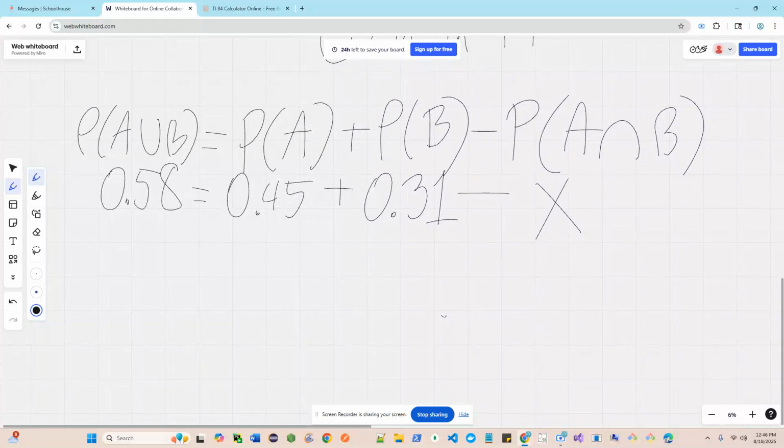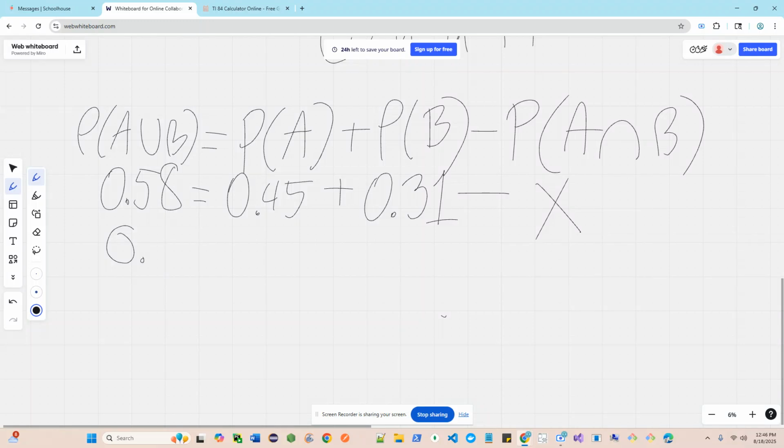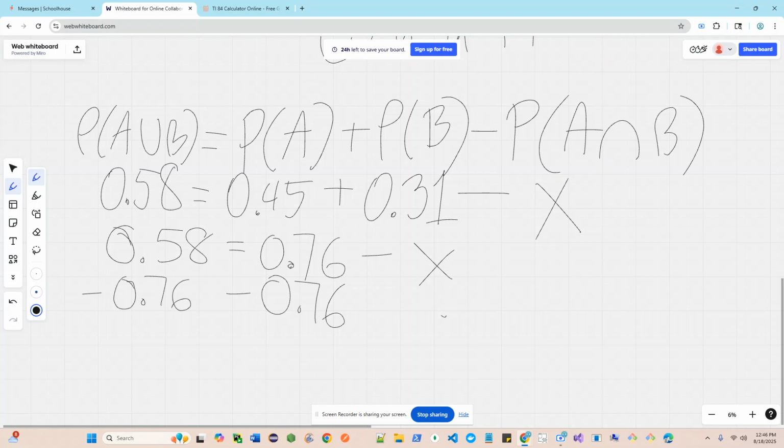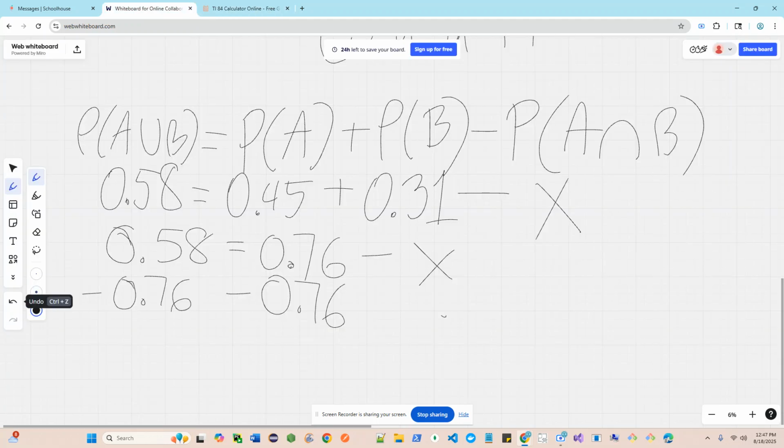Let's add 0.45 plus 0.31. We get 0.76. So 0.58 equals 0.76 minus X. Now let's subtract 0.76 on both sides. 0.58 minus 0.76 gives us negative 0.18.